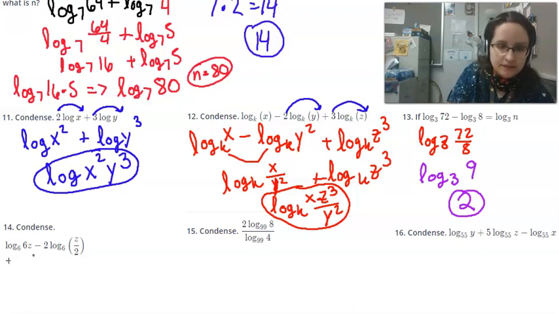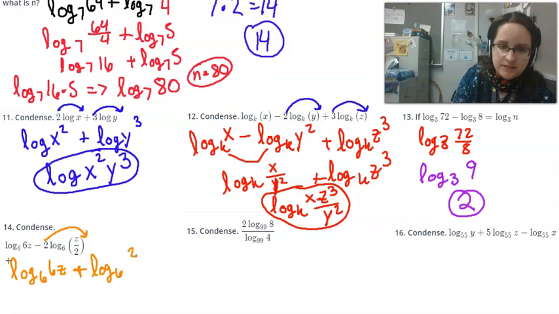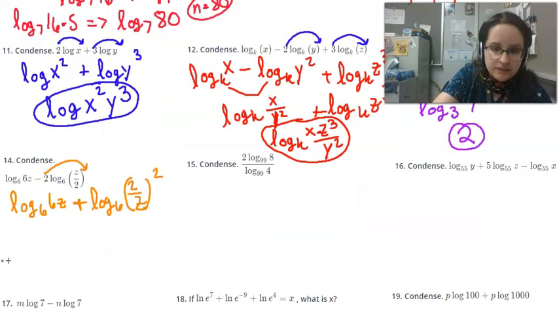Condense log 6 of 6z minus 2 log 6 of z over 2. Use that power rule. We could put the whole negative 2 in there. So we have log 6 of 6z minus, or let's just say plus, log 6 of 2 over z to the second power. And again, we just flip the fraction, change this to a positive exponent.